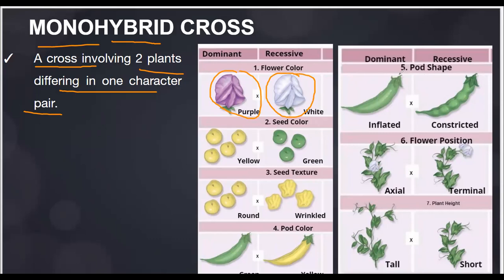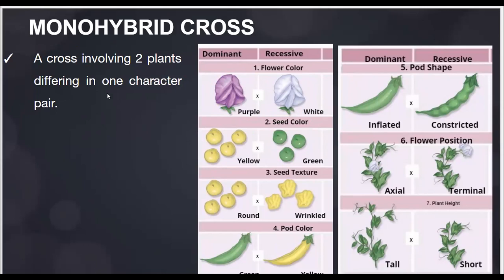Another example, you can take a plant having yellow seeds and another plant having green seeds. Similarly, you can take any of these combinations, either tall or short plants. So a cross has 2 plants which differ only in one character. You can take the color of the flowers, purple or white, or the height, tall or dwarf.